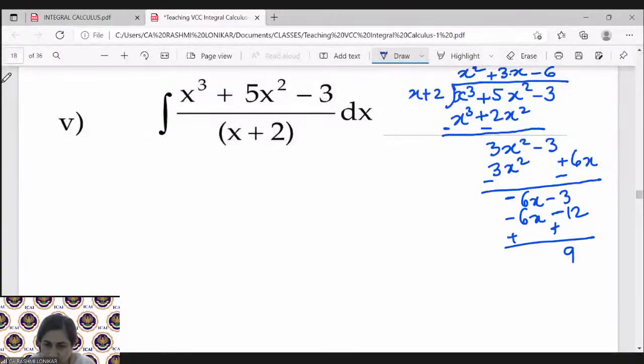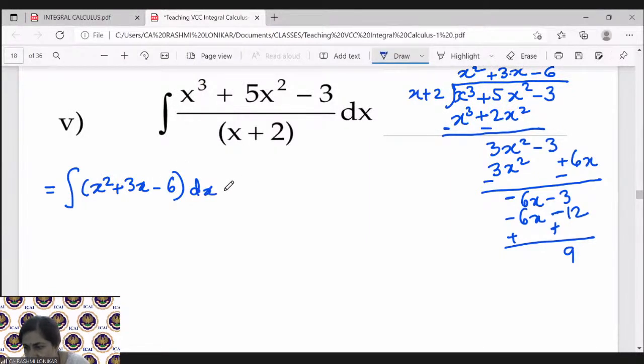This integration is equal to the integration of x square plus 3x minus 6 dx plus the integration of the remainder, 9 upon x plus 2 dx. Okay.